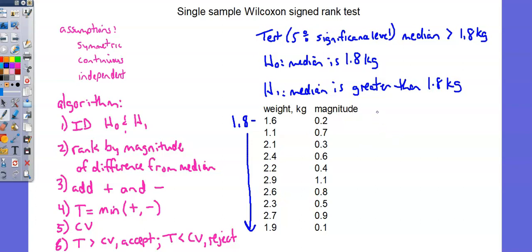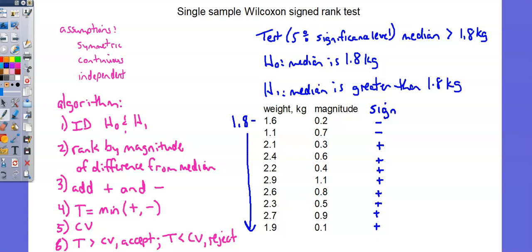Now to find my test statistic, I also need to keep track of my signs. So I'm going to set a column and identify whether the measure is less than or greater than the median. Going down: less than, then greater than for all the rest, all based on comparing the weight to the median.